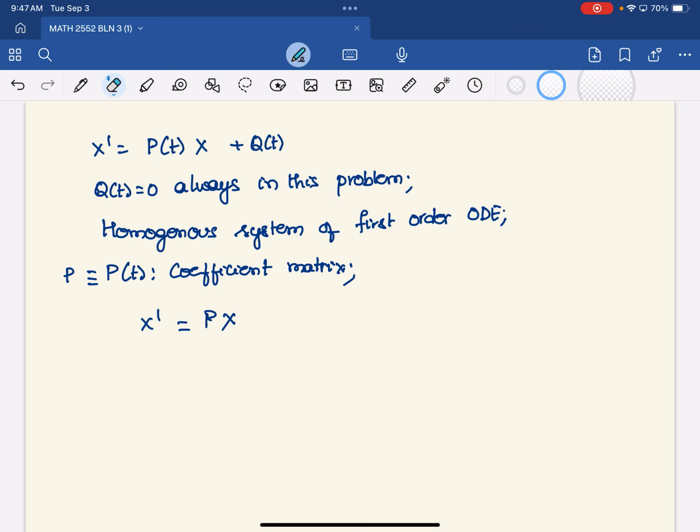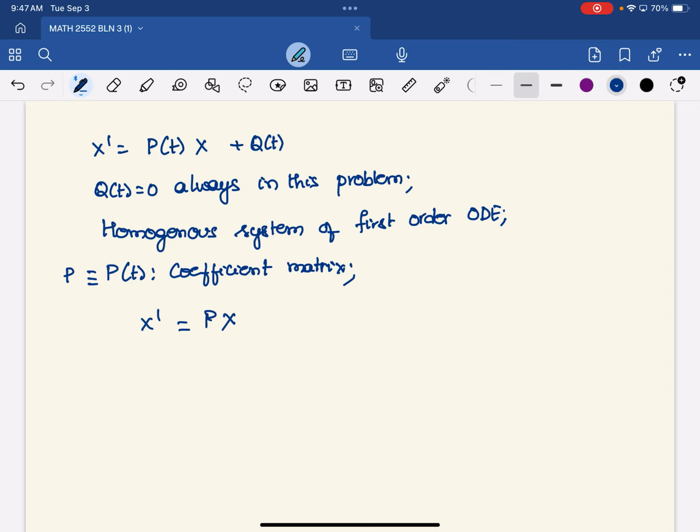So now let's go back to his question, which is the one that we had. X2 prime is going to be negative 2x1 plus 3x2. Now remember, you can write this as x2 prime plus 2x1 equals 3x2.